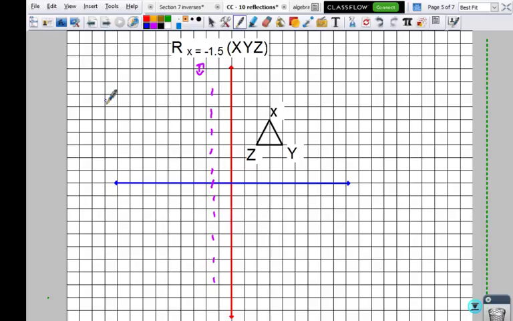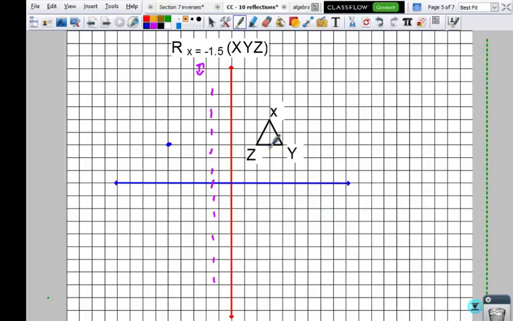And we're going to reflect our triangle here, XYZ, over. So it's nothing new. We've done these. You basically did most of the work that you're doing today in the warm-up. So 1, 2, 3.5. 1, 2, 3.5.